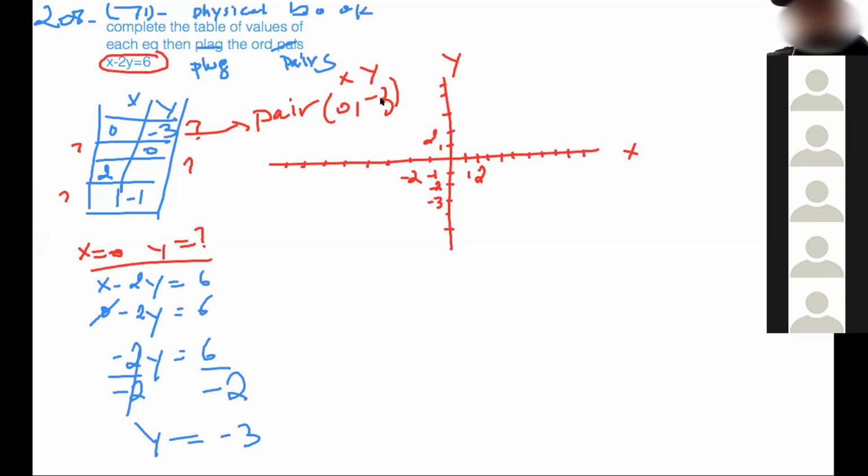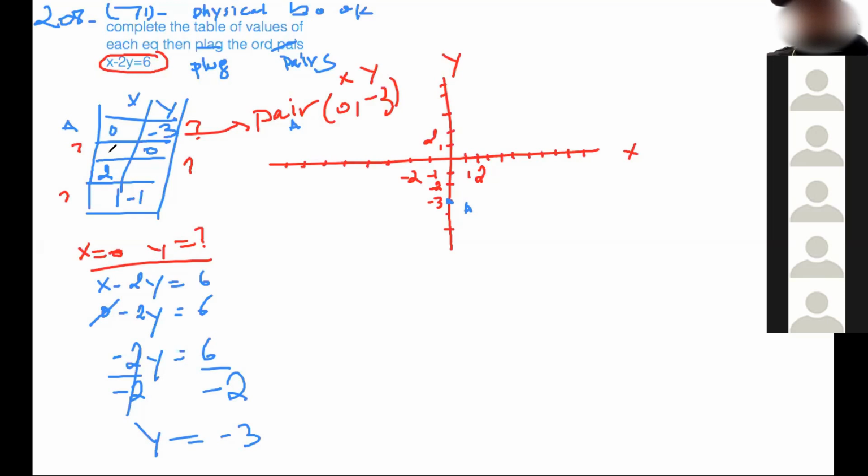Start from 0 and go down to -3. -3 is here. So we start from 0, then count 1, 2, 3. So that's the first point. Let's call this one A. That's one pair complete.